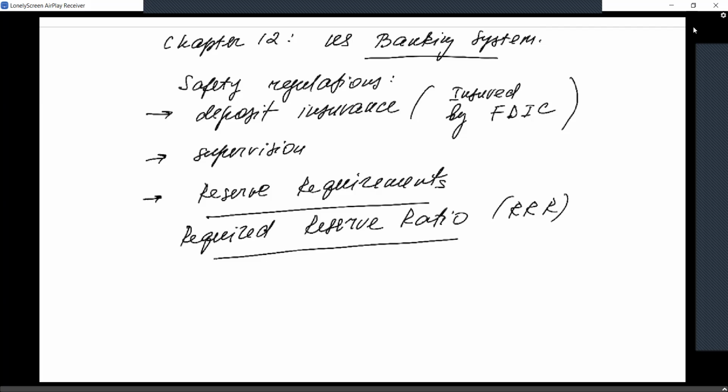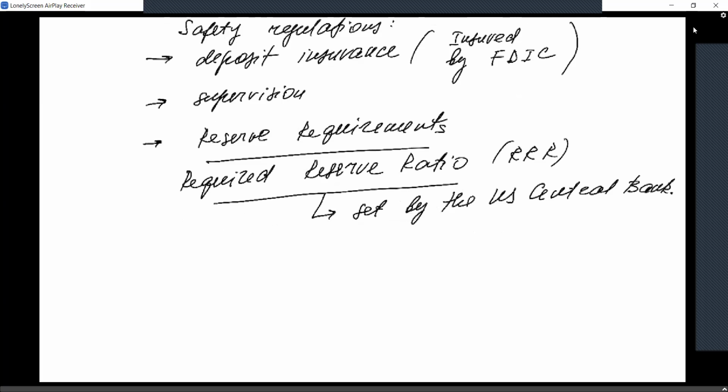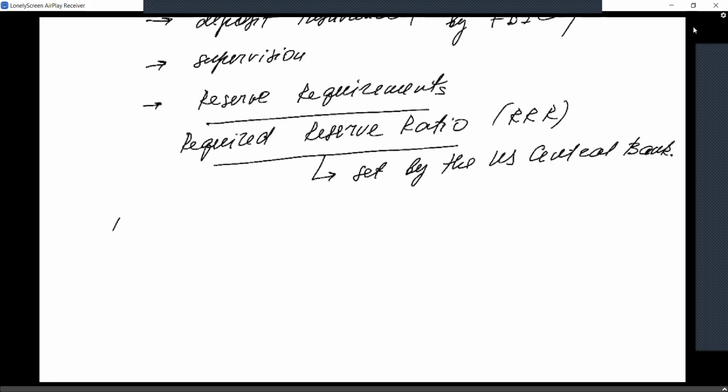Every commercial bank gets its own required reserve ratio set by the US central bank. Every commercial bank, okay? What is it for? How does it work? Here, let's run an example.